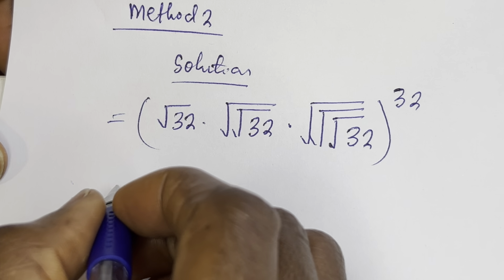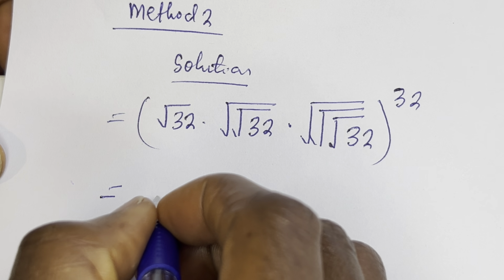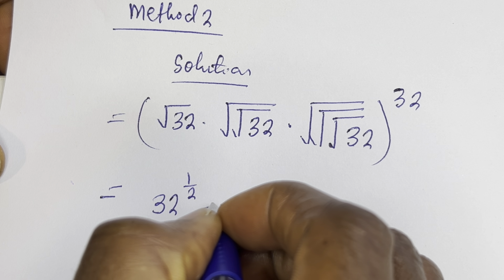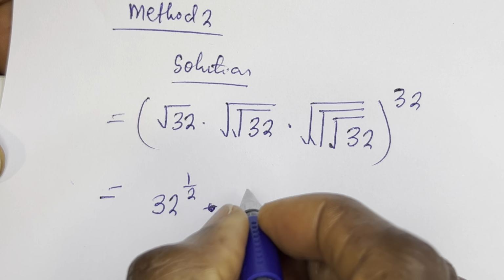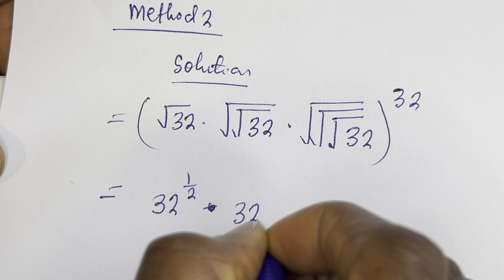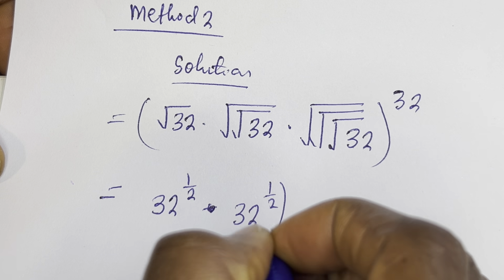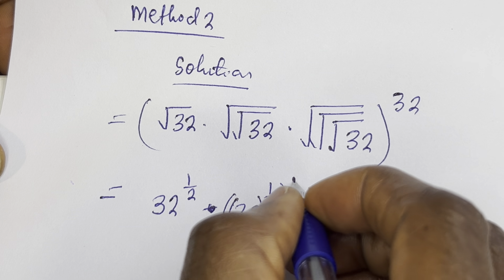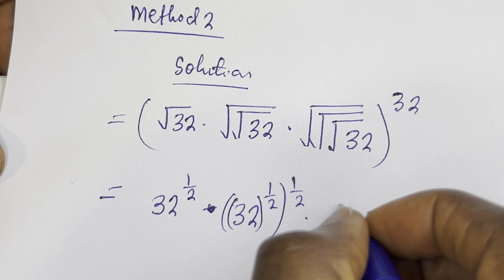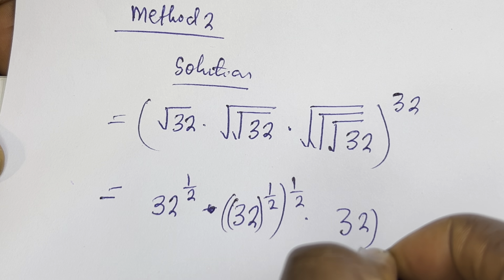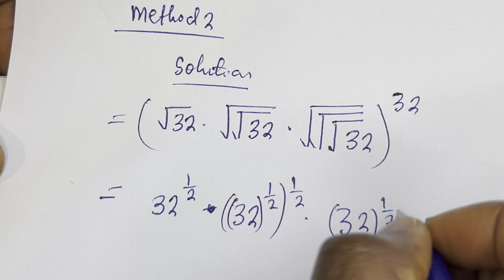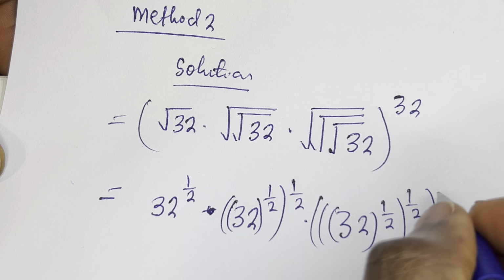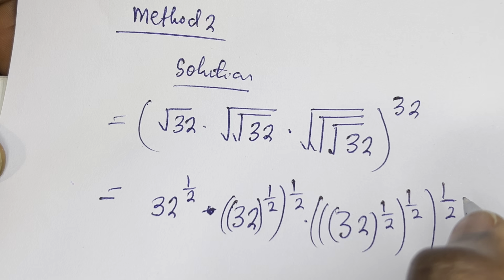Then this is equal to 32 to the power of 1 over 2 multiplied by 32 to the power of 1 over 2 to the power of 1 over 2 multiplied by 32 to the power of 1 over 2 to the power of 1 over 2 to the power of 1 over 2.